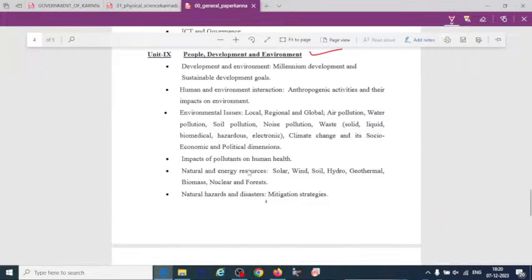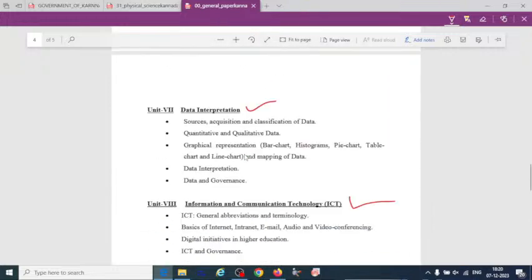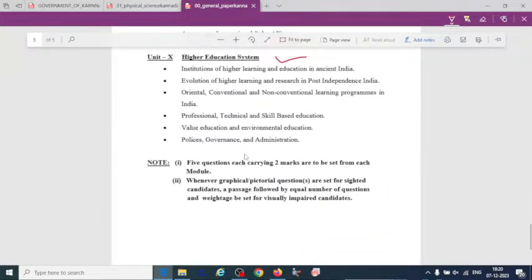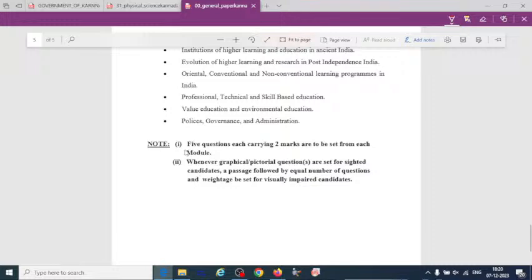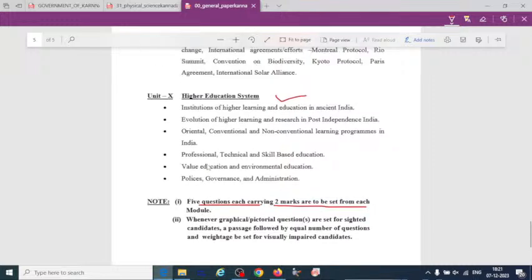In paper 1, how many topics are there? 10. They have given instructions: 5 questions, each carrying 2 marks, from each module.